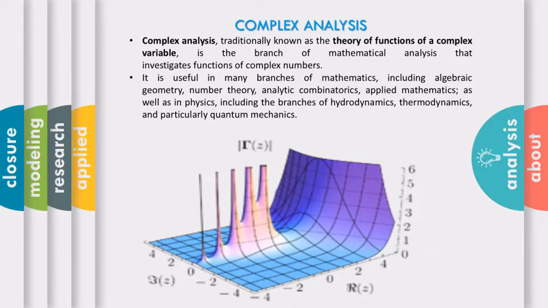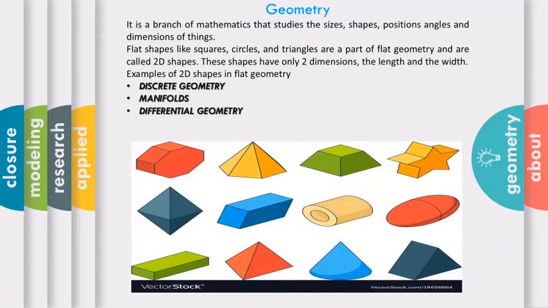Now moving on to the geometrical part, we have geometry, a branch of pure mathematics. It is a branch of mathematics that studies the size, shapes, position, angles, and dimension of things. The flat surface shapes like squares, circles, and triangles are part of flat geometry and called 2D.